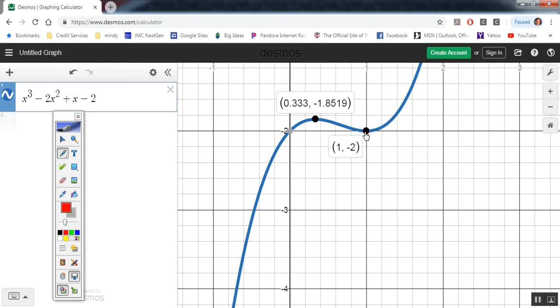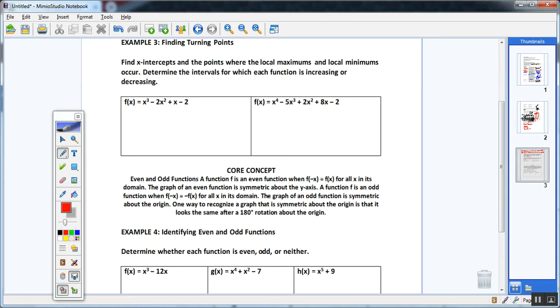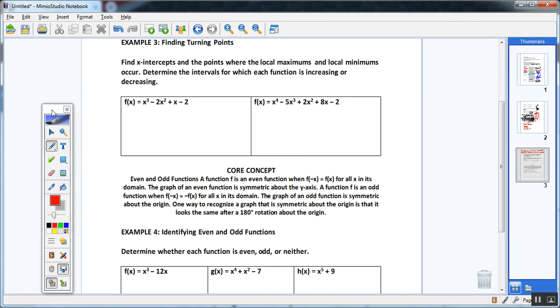Okay, so in our notes we're going to say, and I like to write this way, we have a local max, I just put L max like this, at x equals 1/3.